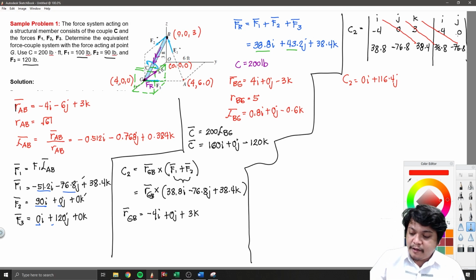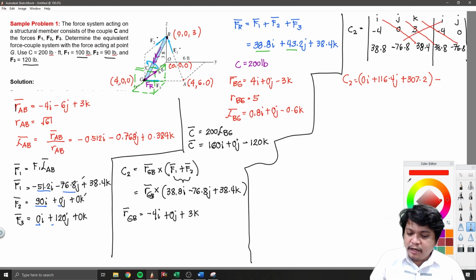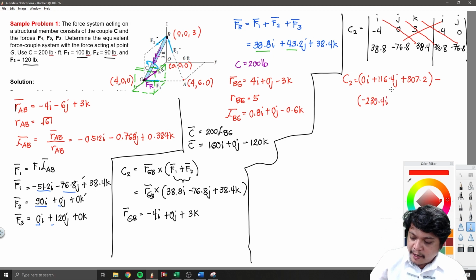So, you will be having here plus 307.2. Okay? Ima-minus natin yung I. Okay, so we will be having here, ito muna. Ayun. So, 3 times negative 76.8. So, negative minus negative 230.4 of I.